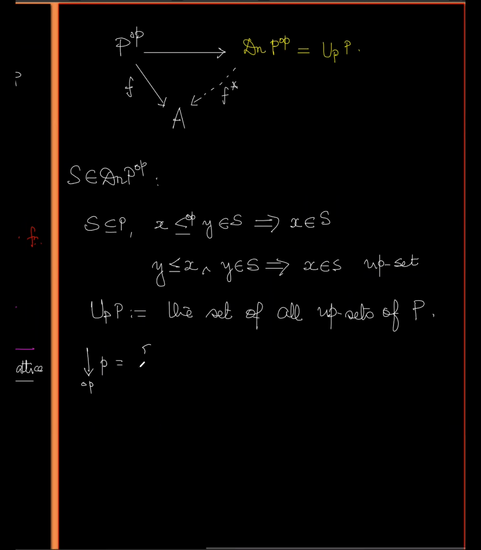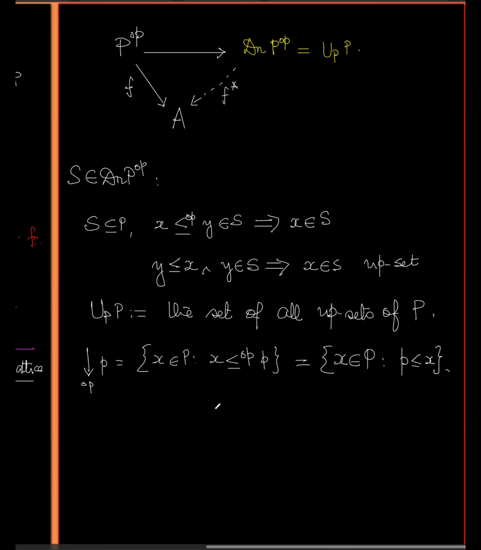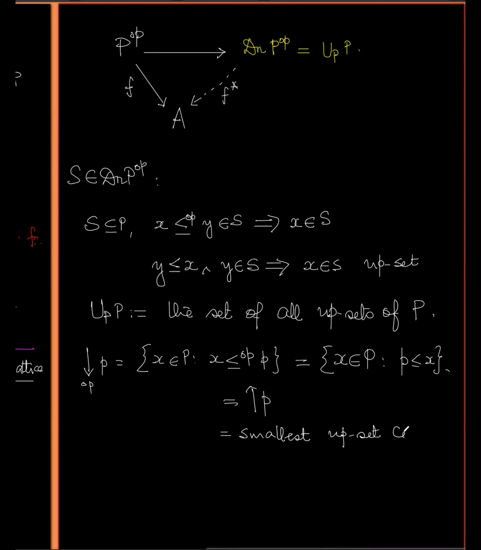This is the set of all x in P such that x is in this opposite order of P. So this means x in P says that P is less than or equal to x. So this can be written like this. This is the smallest upset containing, right? So this will become this.